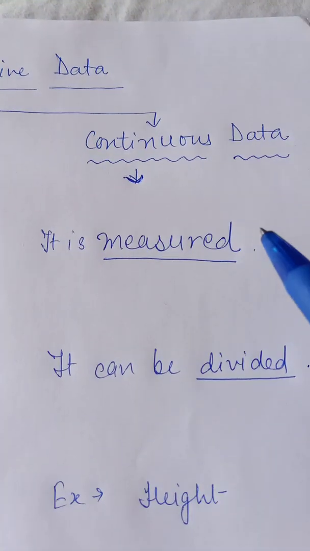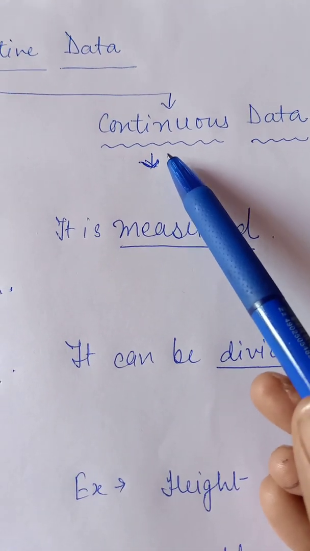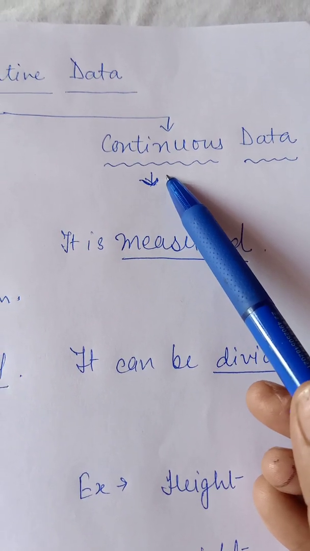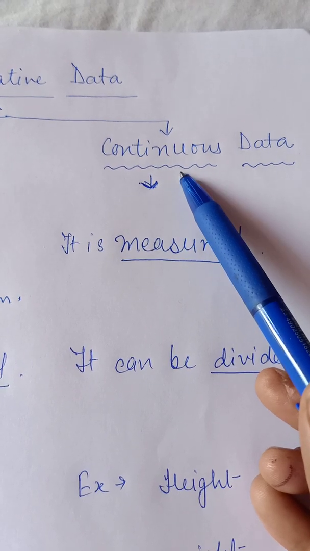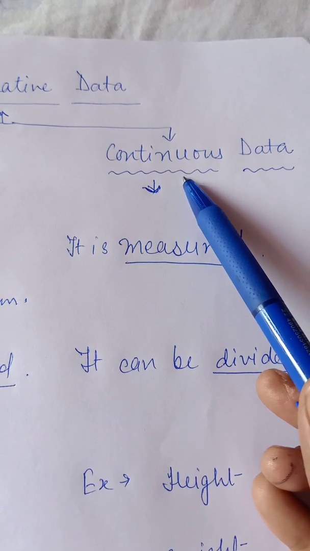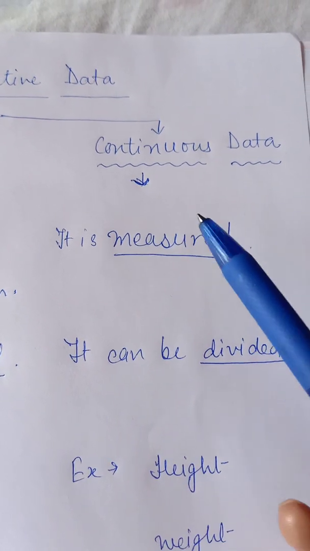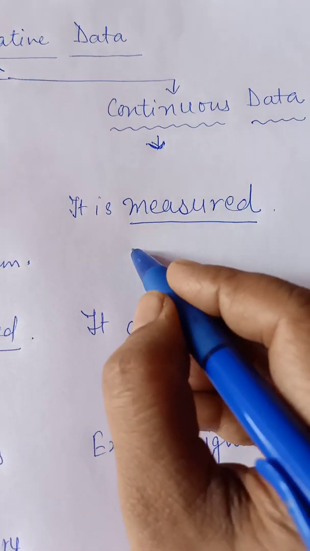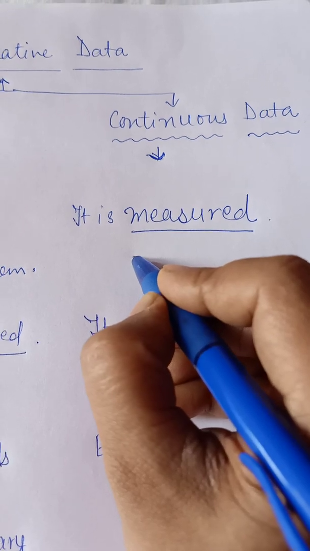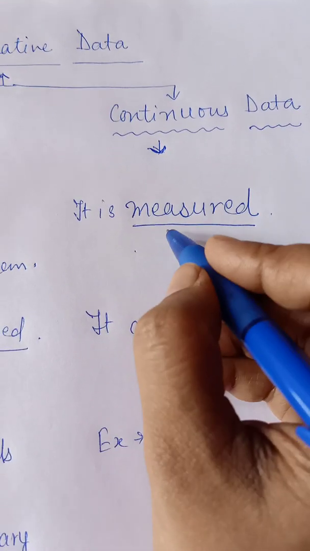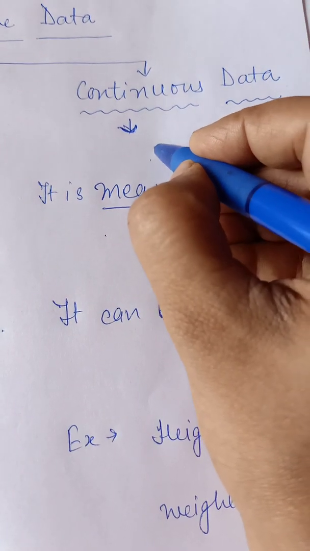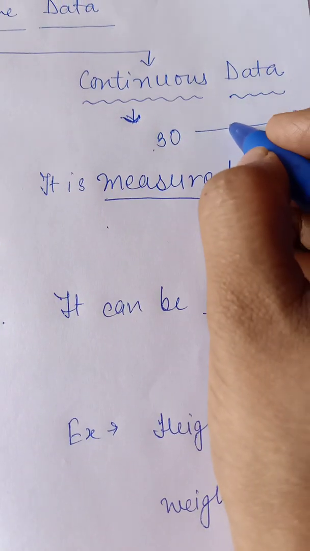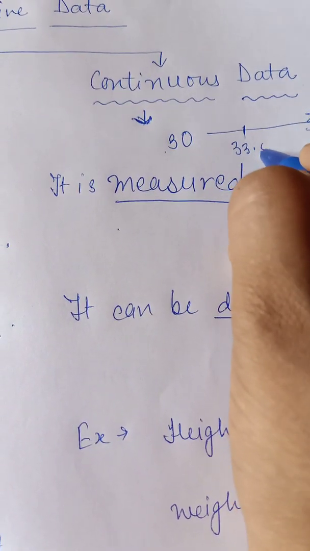While continuous data, as it is very much clear from the word continuous, is one that falls on a continuous sequence. Okay, continuous sequence means, like if we are saying that the weight of a child is 33.5 kg.